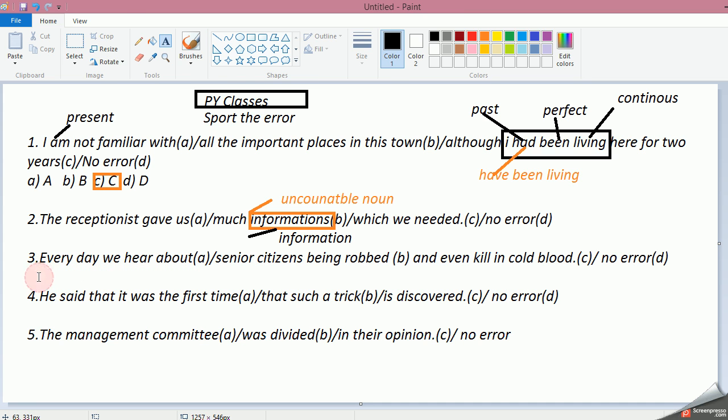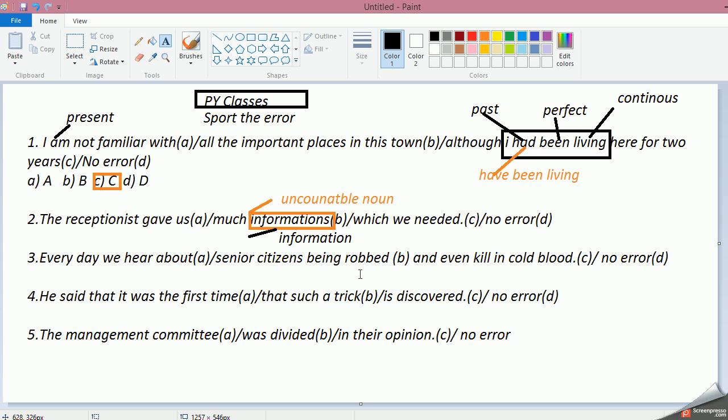The third question is, every day we hear about senior citizens being robbed and even kill in cold blood. Here again this question belongs to the tense. The error of this sentence comes under the tense part.